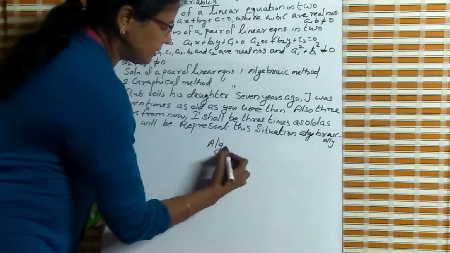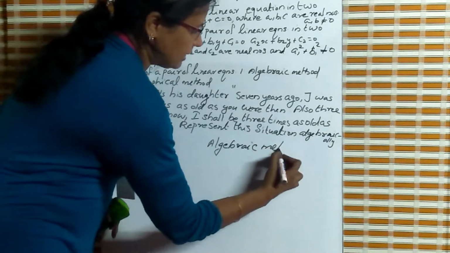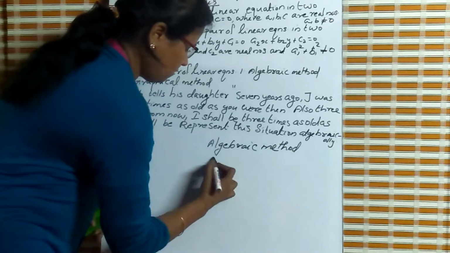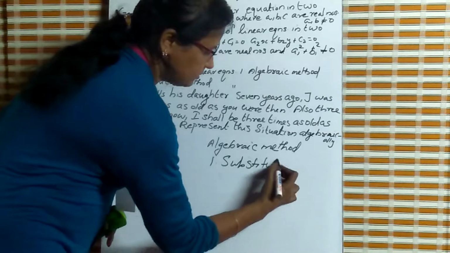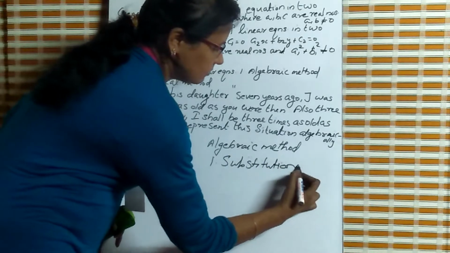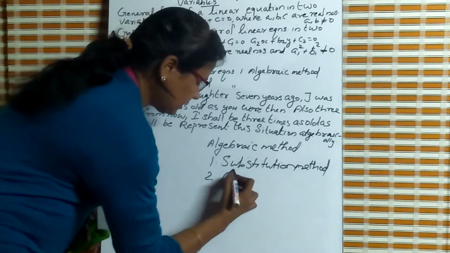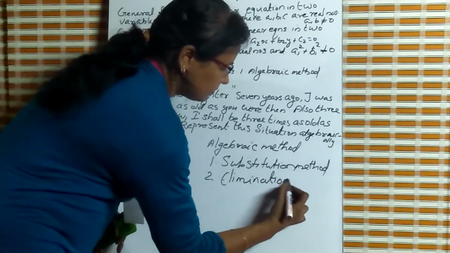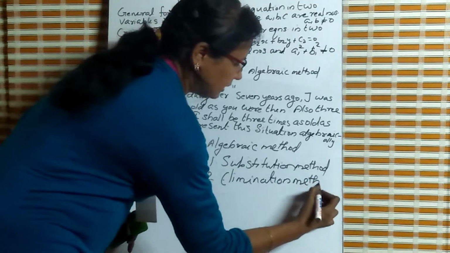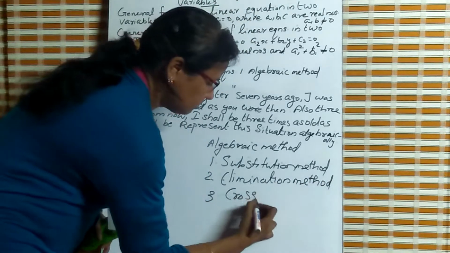Algebraic method contains three types: 1. Substitution method, 2. Elimination method, 3. Cross multiplication method.